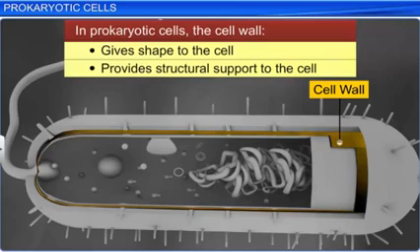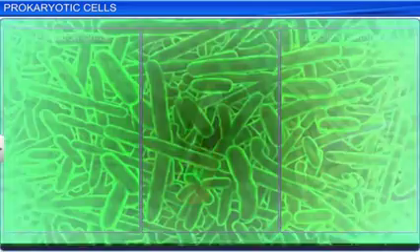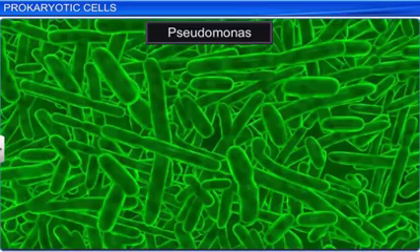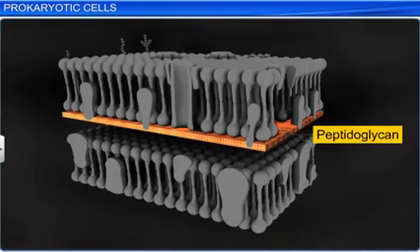Interestingly, the cell wall structure differs in different prokaryotes. In certain prokaryotes, such as Pseudomonas, the cell wall is composed of a thin inner layer of peptidoglycan and an outer membrane of lipopolysaccharide and lipoprotein.